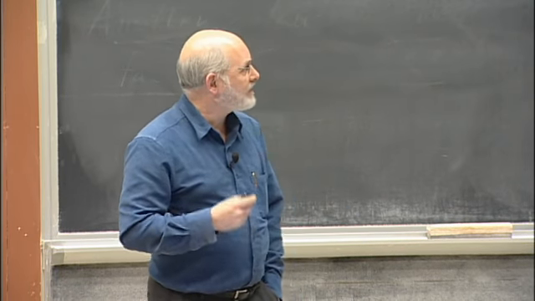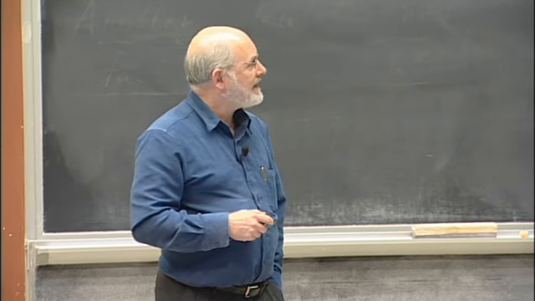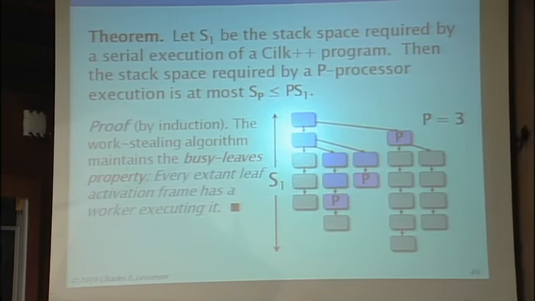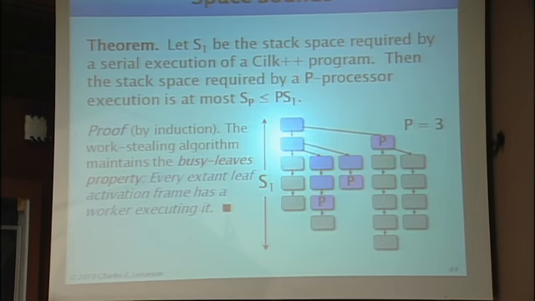And the proof for that is sort of by induction, which basically says there's a property called the busy leaves property, that says that if you have a leaf that's being worked on but hasn't been completed, and I've indicated those by the purple and pink ones, then if it's a leaf, it has a worker executing on it.